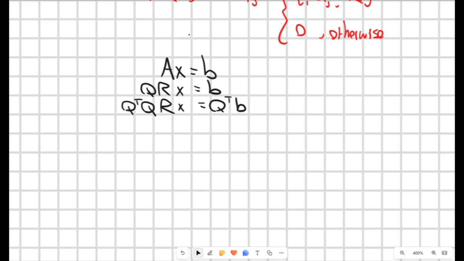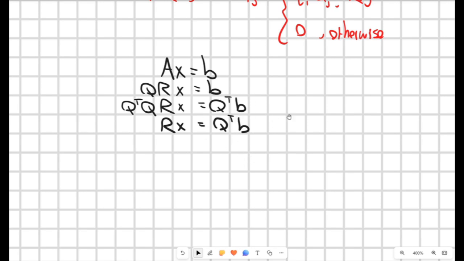The columns of Q are orthonormal by definition. So that means that Q transposed Q is just equal to the identity matrix. So we end up with R times x is equal to Q transposed b. And then on the right hand side here, what we have is an n by n matrix multiplied by an n by 1, i.e. a column vector.